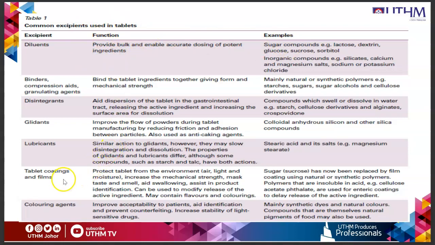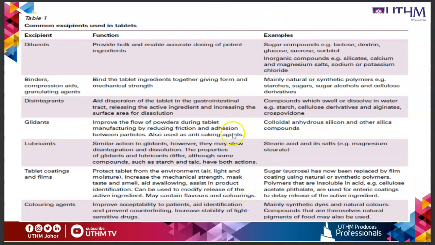For example, referring to tablet coatings and films: they protect the tablet from the environment such as light, air, and moisture. They increase the mechanical strength, mask the taste and smell, help us swallow the medicine, and can be used to modify the release of the active ingredient, and may contain flavors and coloring.